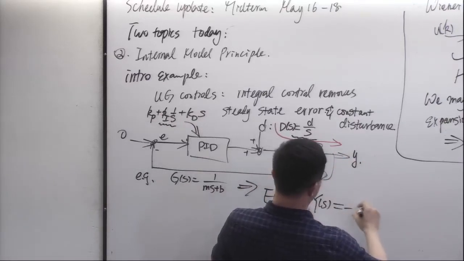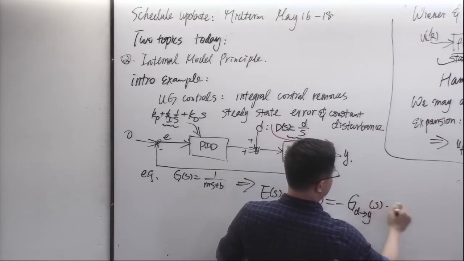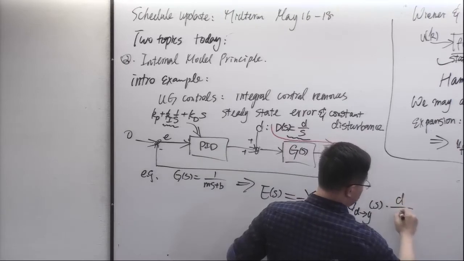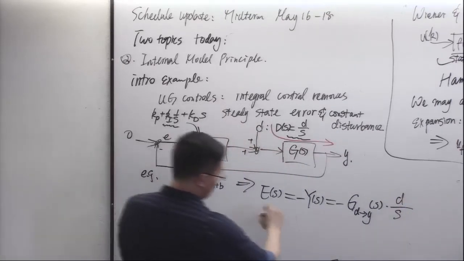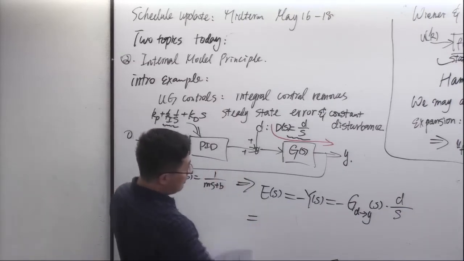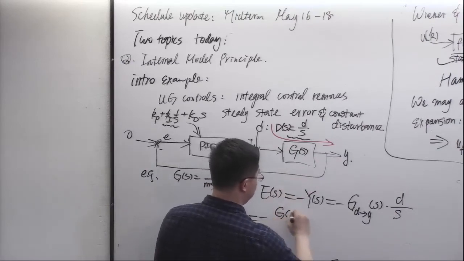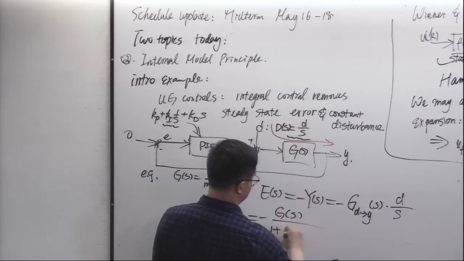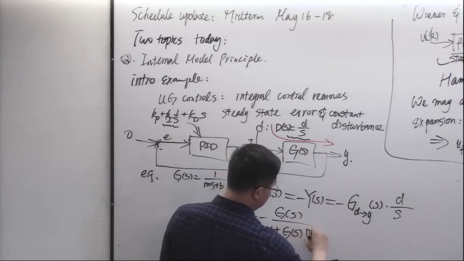So y of s is going to be the transfer function from d to y times the input Laplace transform. So this is just an undergraduate Laplace transform analysis. It's going to be negative G(s) over 1 plus G(s) and then my PID control.